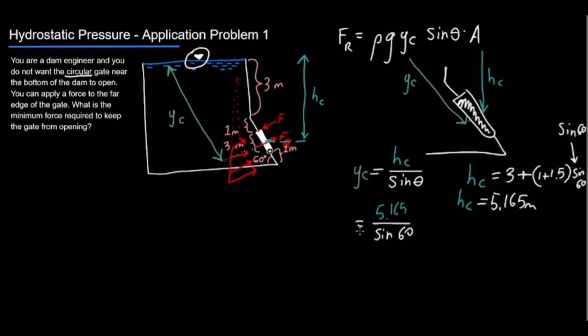And then that'll equal y of c. And then y of c finally comes out to 5.964. And then we're very happy because now we have y of c.